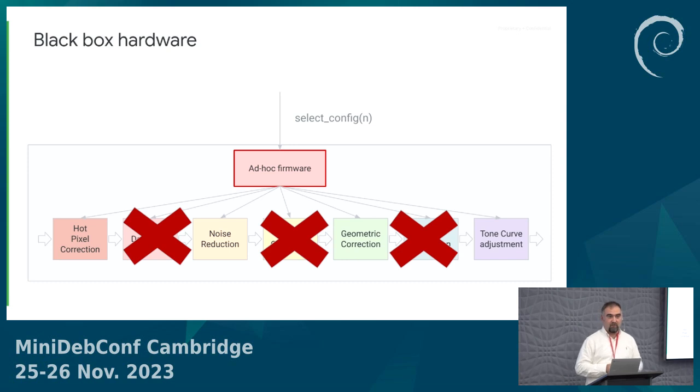The cameras still need to be sold, right? Products need to be sold. And the way vendors are reacting to this is by putting software in the cameras. They are putting more and more software in cameras that emulates the Video for Linux API.